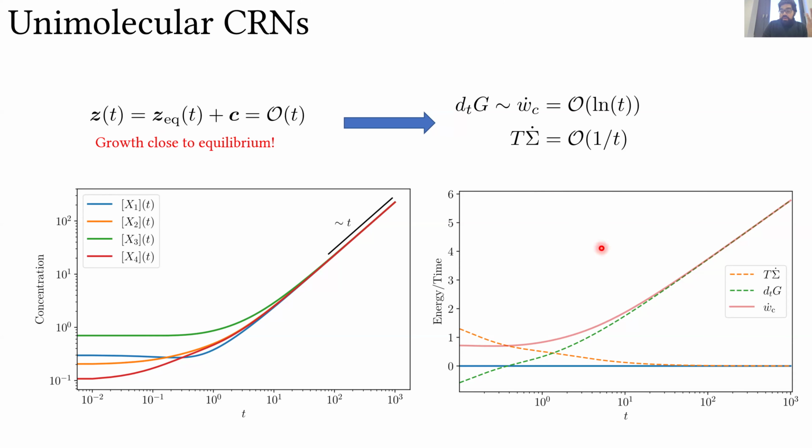As a thermodynamic consequence, you can analytically show that the entropy production in this case goes on decreasing and goes as 1 over time, which means at large times your system is not dissipating. Any free energy you're putting in as work is getting converted into the Gibbs free energy of the system. So it's very, very efficient growth.